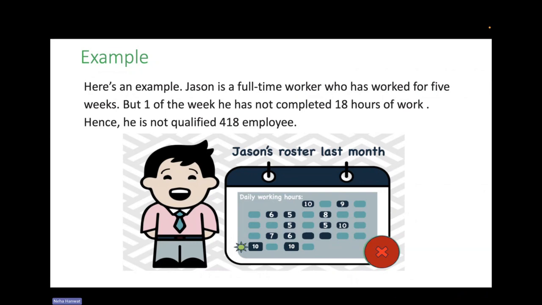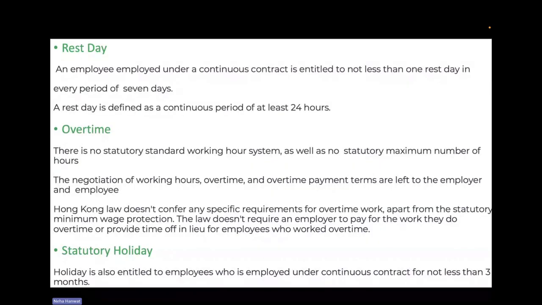So this is how we derive the logic of a 418 employee in our system. Let me give you a little bit of overview, because these are all the terminology used in our attendance module. An employee is qualified for the rest day if he has a continuous contract. Since we have a schedule where we give employees a rest day, an employee employed under a continuous contract is entitled to not less than one rest day in every period of 7 days.